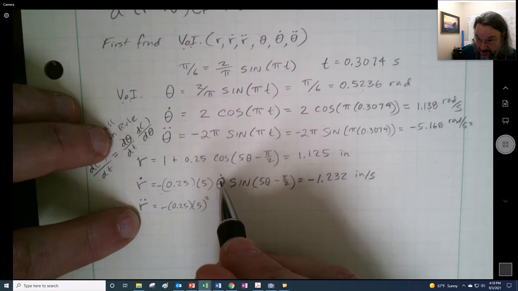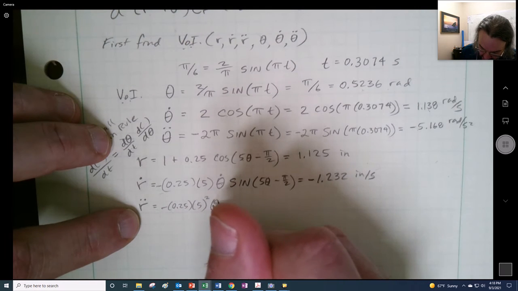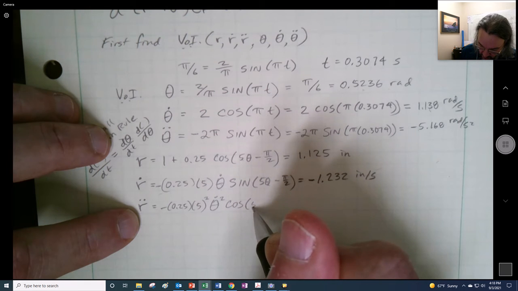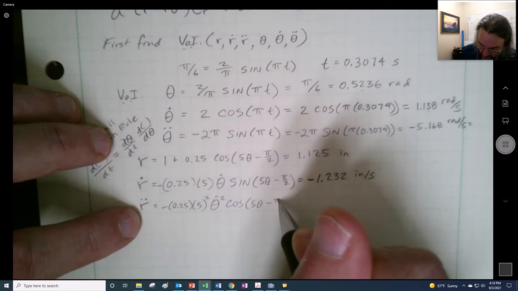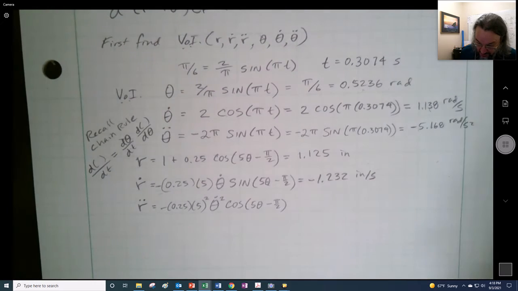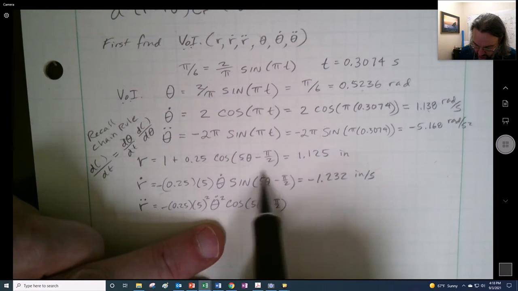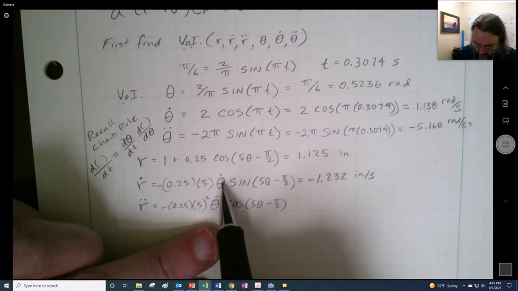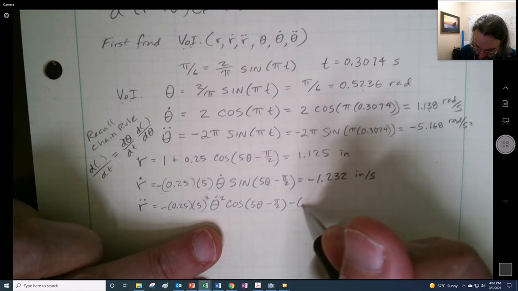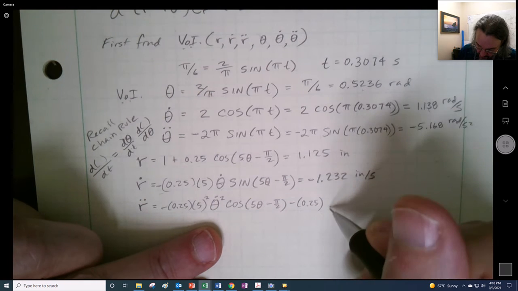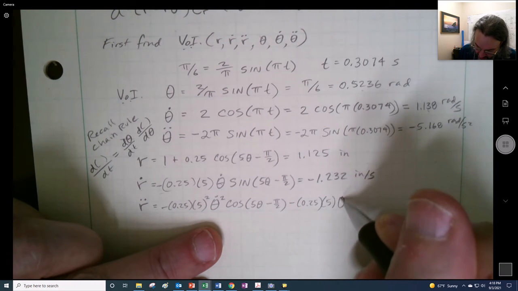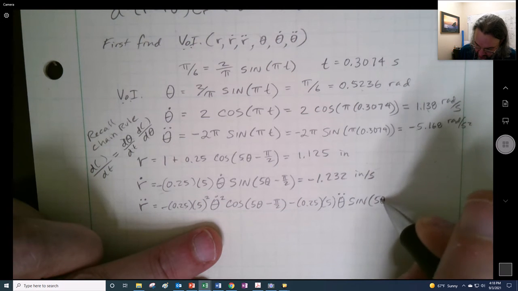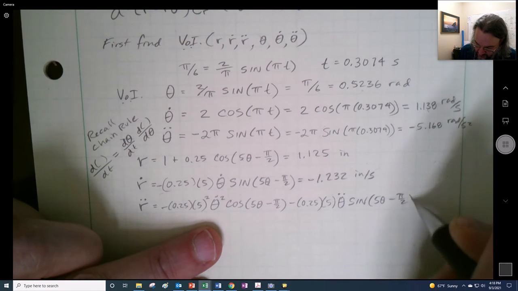I have to multiply it by theta dot, so it's going to be theta dot squared cosine of 5 theta minus pi over 2. But I'm not done because I've only taken the derivative of this. I also have to take the derivative of that, so it's everything here and then that theta double dot times 5, and this is sine of 5 theta minus pi over 2.